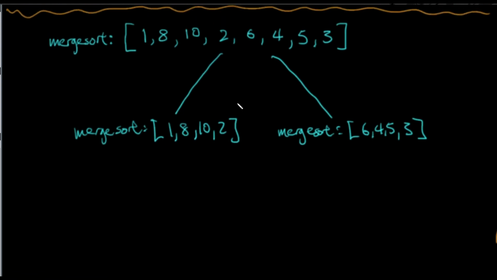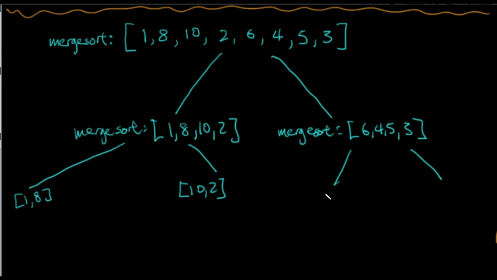And so likewise, we have this merge sort operation we have to do on this length 4 array. And we have no idea how to sort this length 4 array. But likewise, we do know if we sort this array and then we sort that array, all we have to do is merge them to get the sorted version of this.